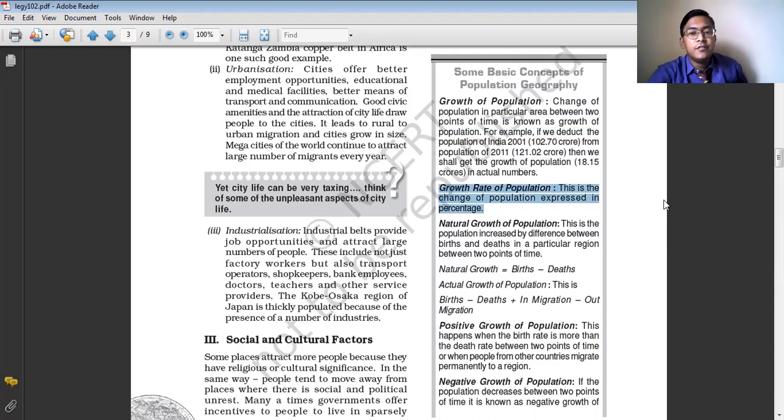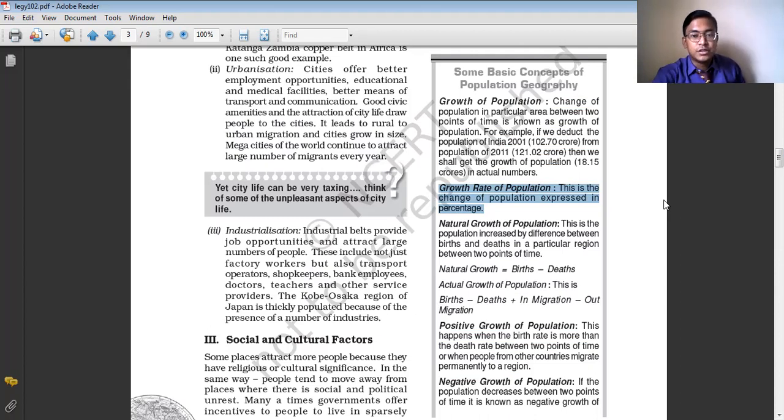So what is growth rate of population? It is the change of population expressed in percentage. Basically, we always take into consideration the growth rate of population. We take help of the percentage, not the actual total number, to explain population growth.